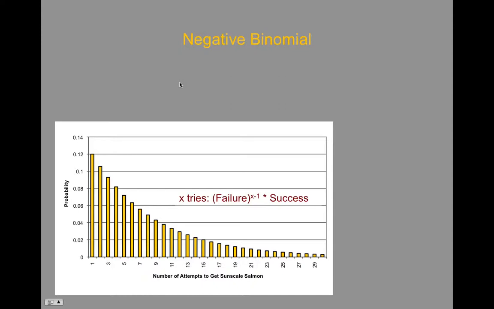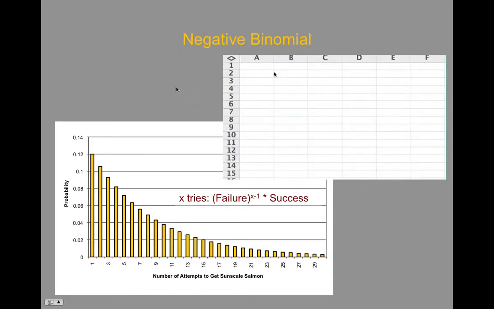So this is the negative binomial distribution with one success, and I'm just going to show how you can get this graph in Microsoft Excel. So in Microsoft Excel, let's just type out the probability of success is 0.12. The probability of failure is 0.88, which is 1 minus 0.12.